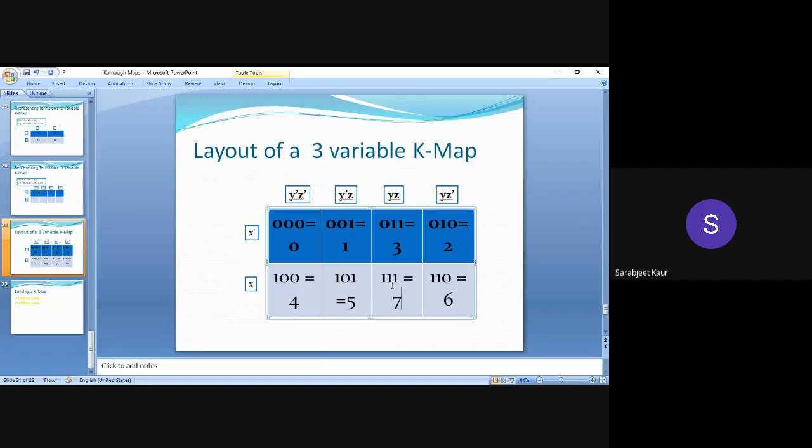Now you will not face a problem. Once you remember their decimal numbers, you will not draw the incorrect layout of the Karnaugh map initially.